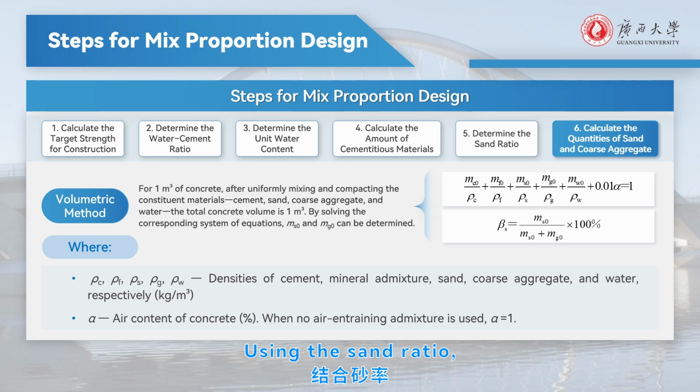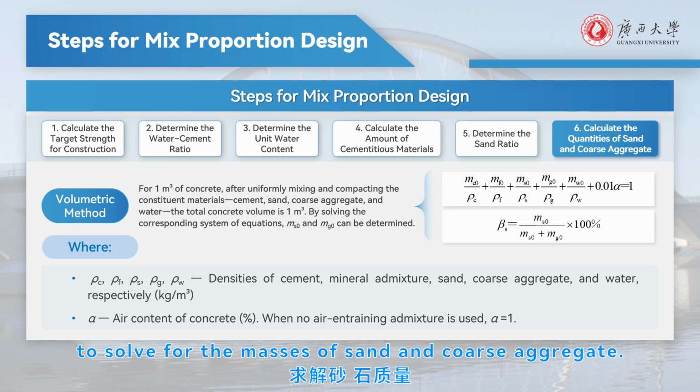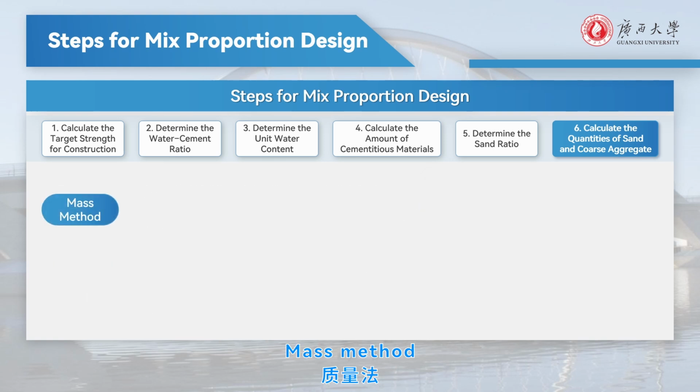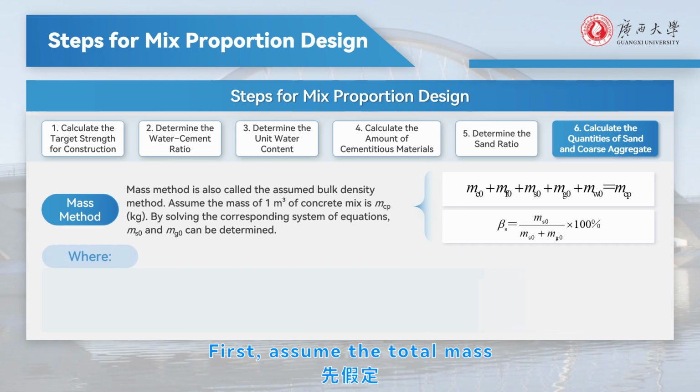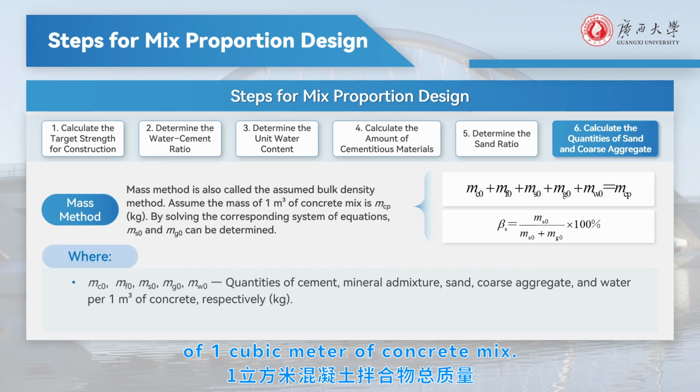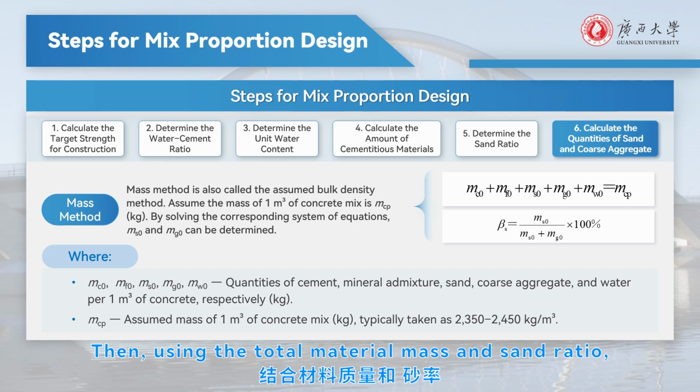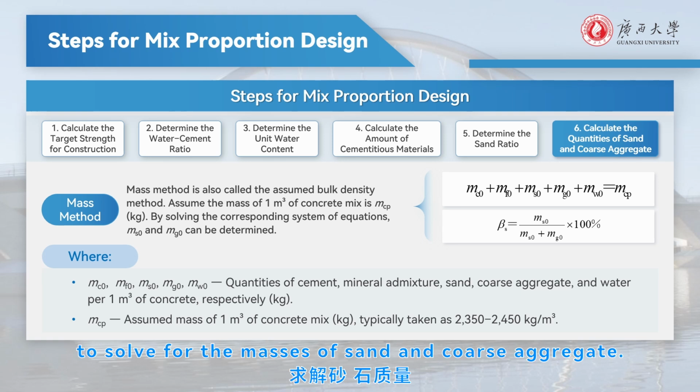Using the sand ratio, we set up equations to solve for the masses of sand and coarse aggregate. Mass method, also called the assumed bulk density method. First, assume the total mass of 1 cubic meter of concrete mix. Then, using the total material mass and sand ratio, set up equations to solve for the masses of sand and coarse aggregate.